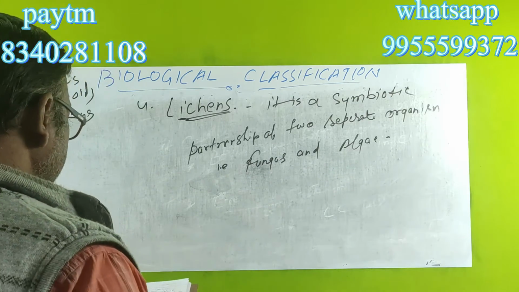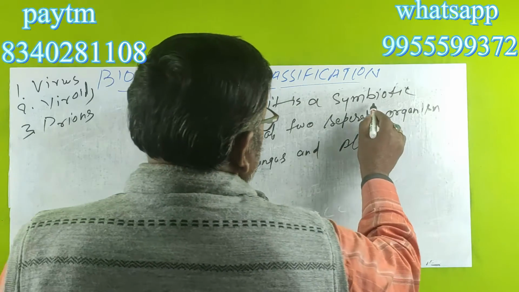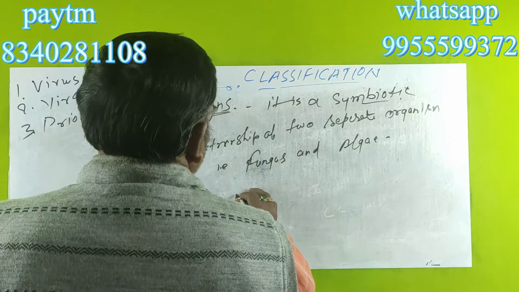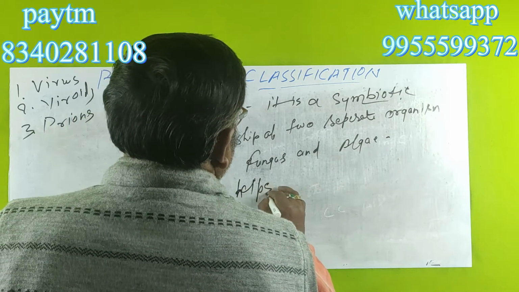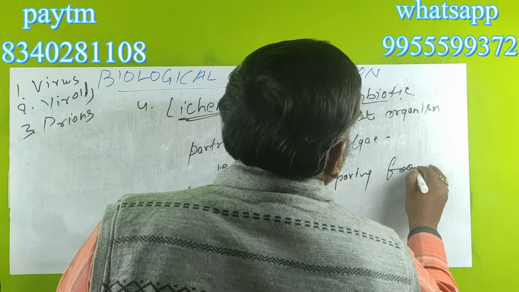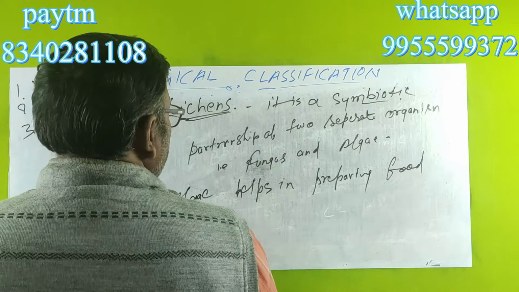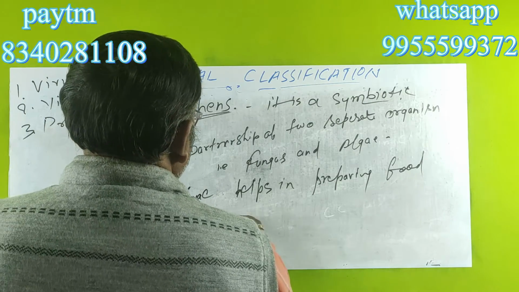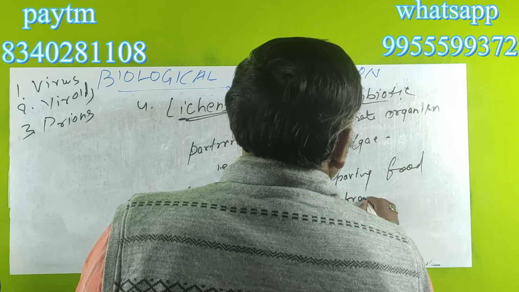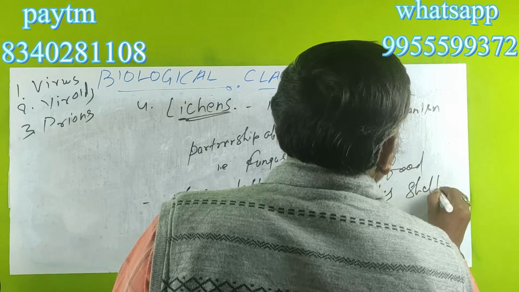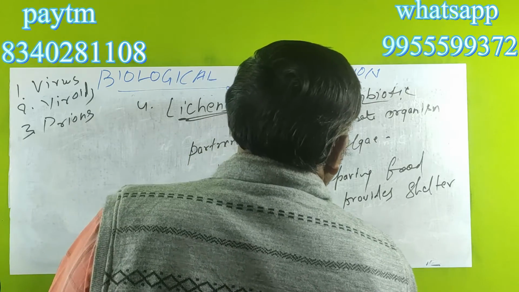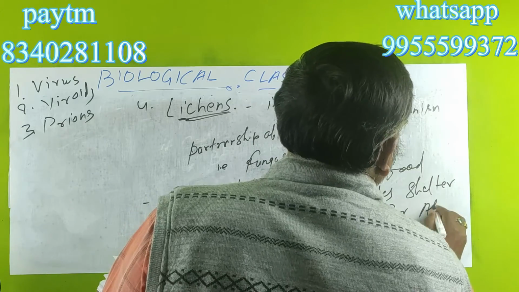In this fungus and alga partnership, that is why it is called symbiotic, because alga helps in preparing food for fungi, while fungi provide shelter, nutrition and water for alga.